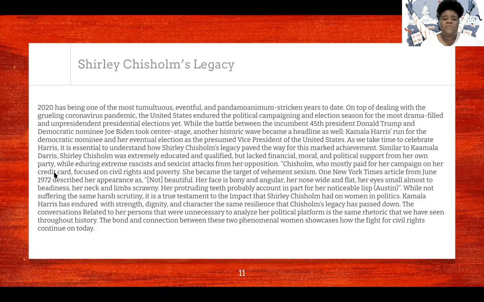Similar to Kamala Harris, Shirley Chisholm was extremely educated and qualified, but lacked financial, moral, and political support from her own party while enduring extreme racist and sexist attacks from her opposition. Chisholm, who mostly paid for her campaign on her credit card, focused on civil rights and poverty. She became the target of vehement sexism. One New York Times article from June 1972, not going to read all the way through that, but they basically talked about her pretty badly.